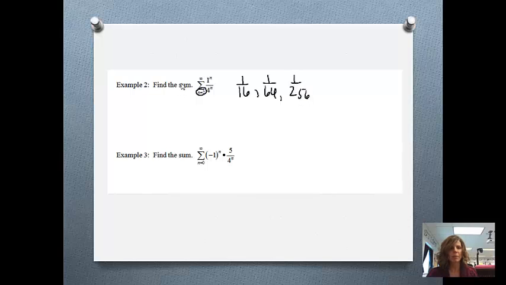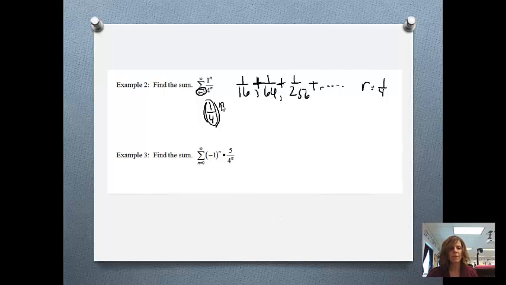And remember, since it's asking us to find the sum, it's asking us to add the terms of the sequence together. It's obvious that this is a geometric sequence because each time I'm multiplying by 1/4, so I know without doing anything with this that my r is going to equal 1/4. But if I'd like to determine this mathematically, since they both have an n power, you can rewrite this as 1/4 raised to the n power, and as soon as I do that, I notice that this is my ratio.